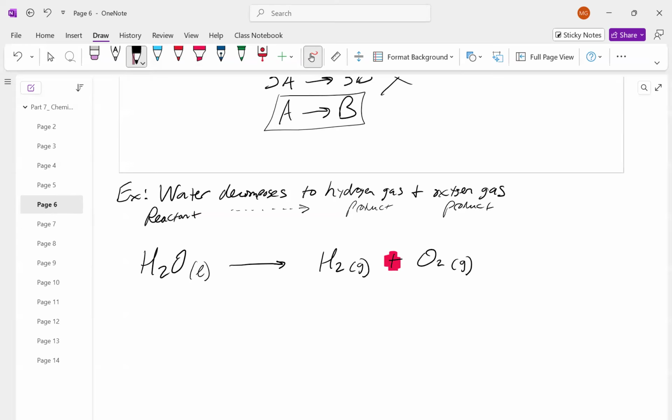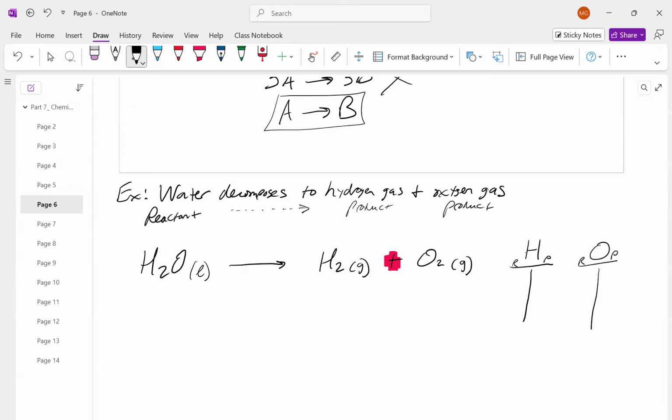Okay, so how do we figure out how to balance this? Well, let's set up a little chart of each of our atoms. I'm going to do hydrogen, and I always do reactants on the left, products on the right. I do the same thing for oxygen here. Here are my reactants, and here are my products. I'm just going to count the atoms.